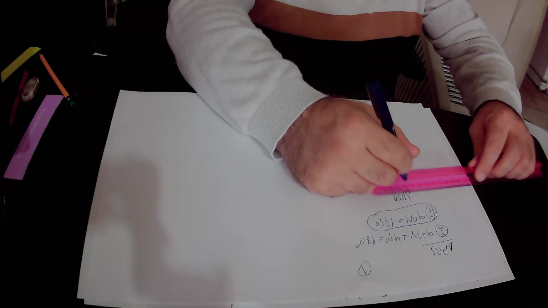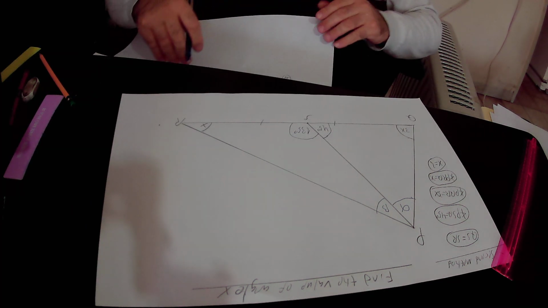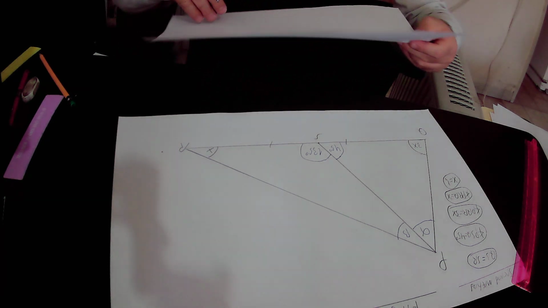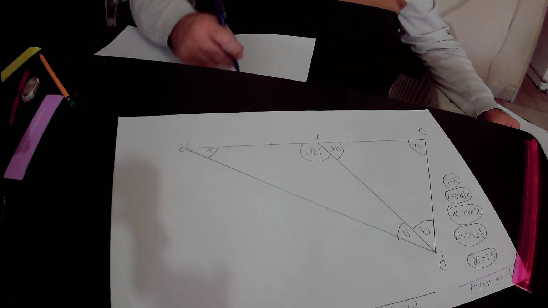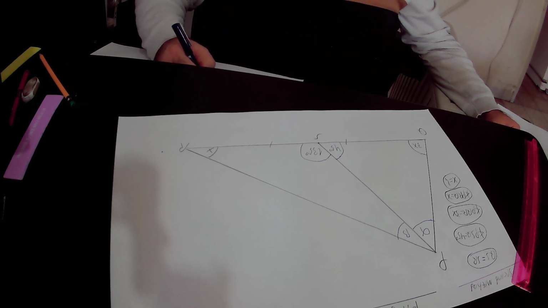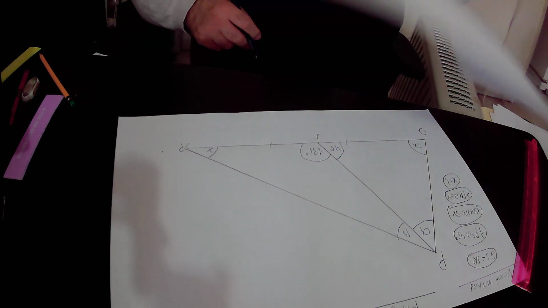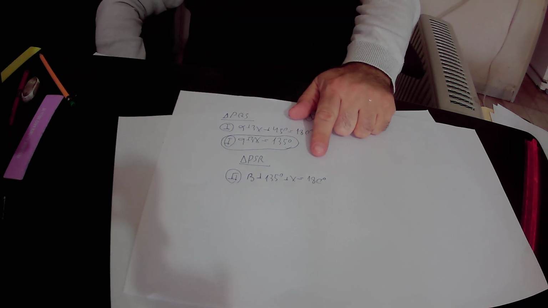That is to say, beta plus 135 degrees plus x must be equal to 180 degrees. So according to equation number 2, beta plus 135 degrees plus x equals 180 degrees.